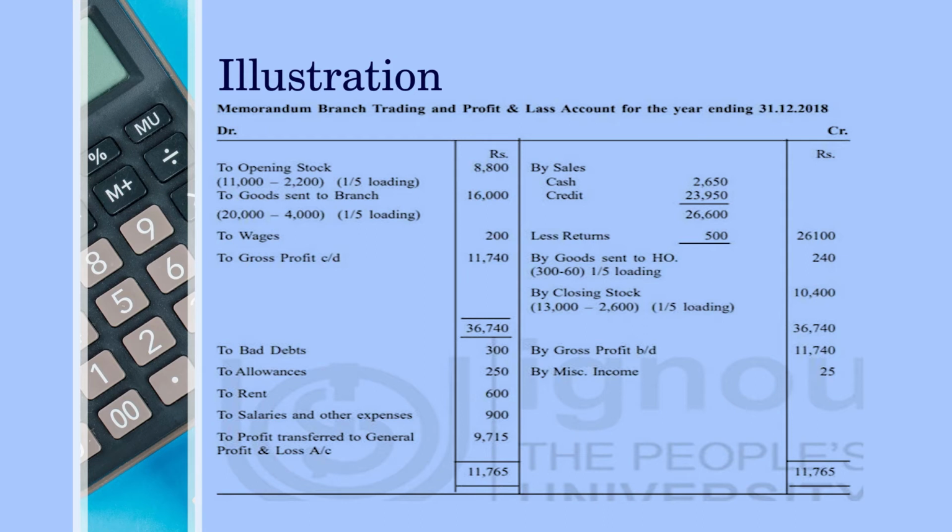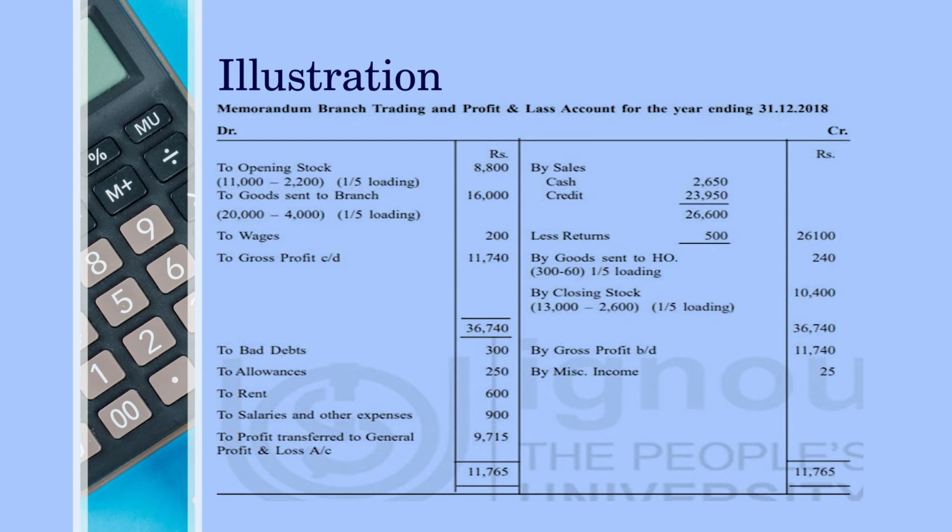11,740. By miscellaneous income 25. So this must be given in the question. Yes, it is given. This petty cash balance is 125. Out of this 125, it includes miscellaneous income of rupees 25, not remitted to the head office so far.